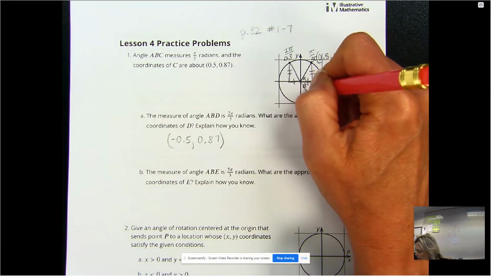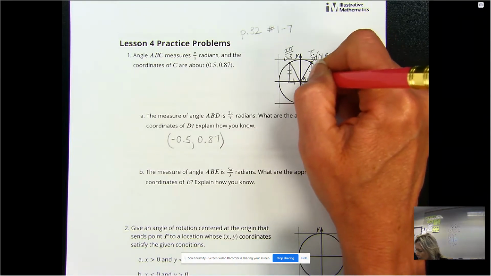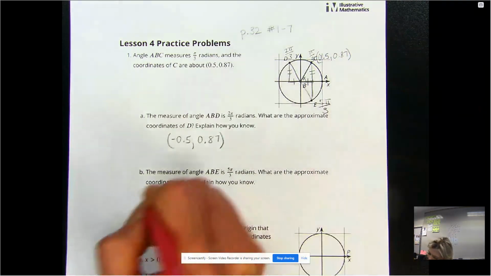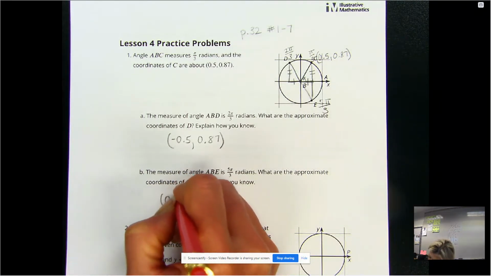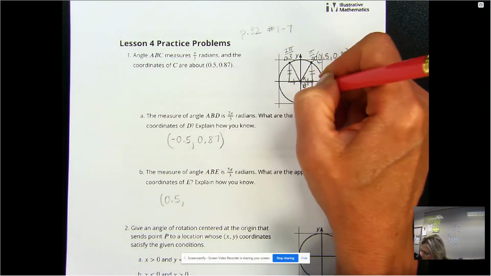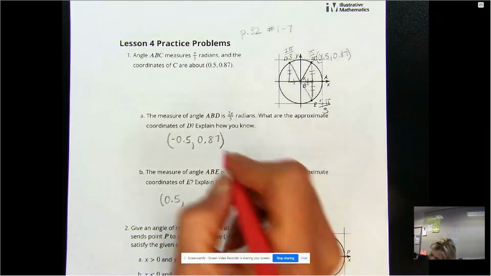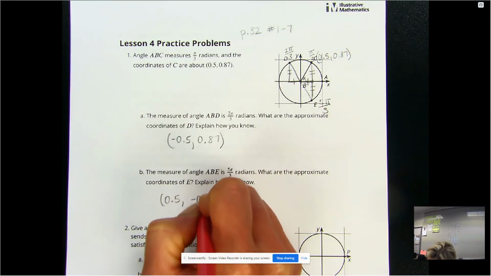So same idea, it's directly below pi over 3. So the x is on the positive side, so 0.5. And then the y, this is the same length as that one, but it's on the negative side for y, so negative 0.87.